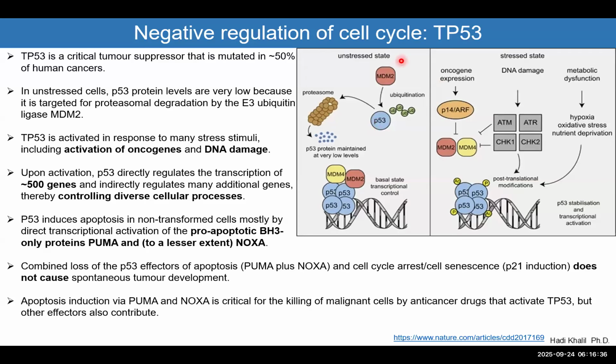So in an unstressed state, the p53 that is generated becomes ubiquitinated. This is a post-translational modification that targets that protein for proteasomal degradation. Most of the proteins that get ubiquitin in a certain sequence or at certain residues are degraded.